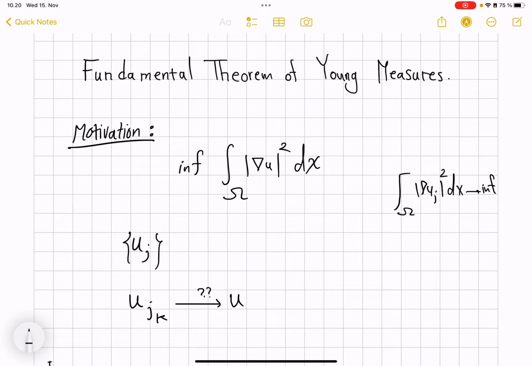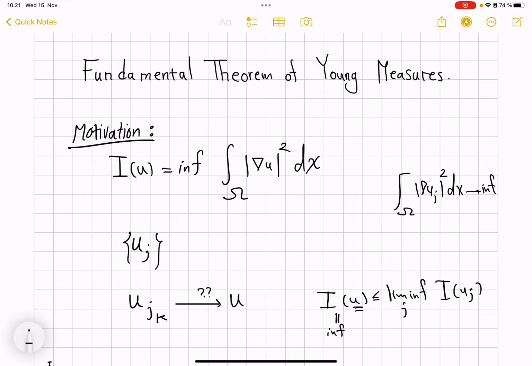And you hope that this energy of u is continuous or lower semi-continuous, so that you can deduce that the energy of u will be less than or equal to the limit of the energy of these uj's, and because they converge to the infimum, this will be equal to the infimum. Therefore u will be your goal, the minimizing function.